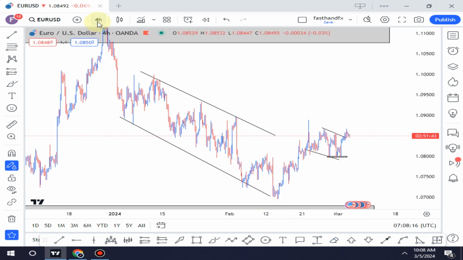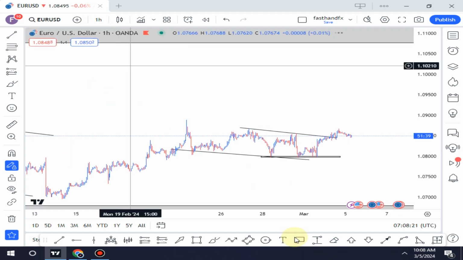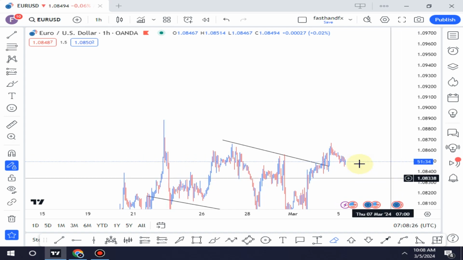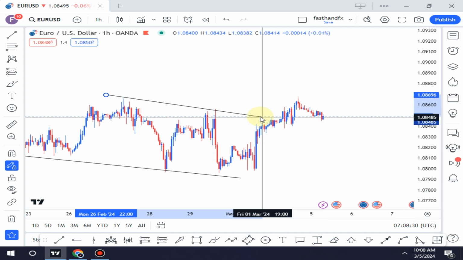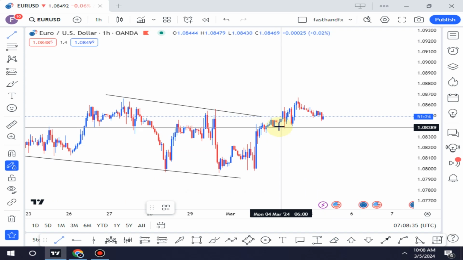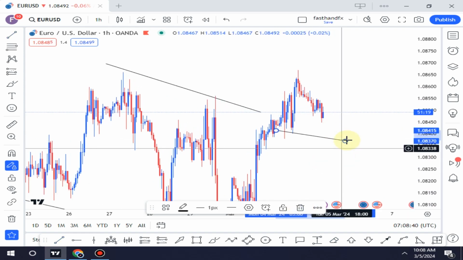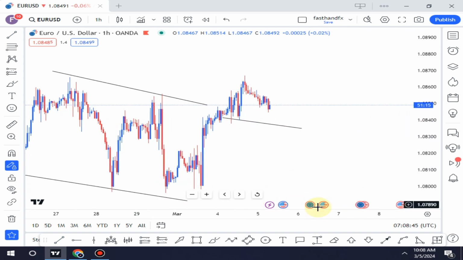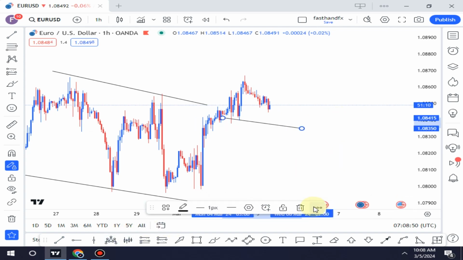All right, so let me take it to the H1. I'll have that right there. So probably price might continue dropping, like I said before, to give us a continuation pattern. You never know. At the same time, I see that there are so many incoming news, so that might interfere with our structures.